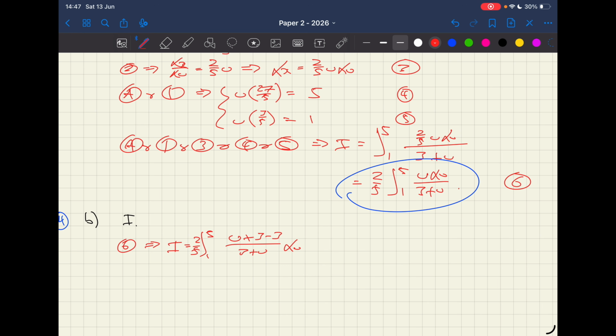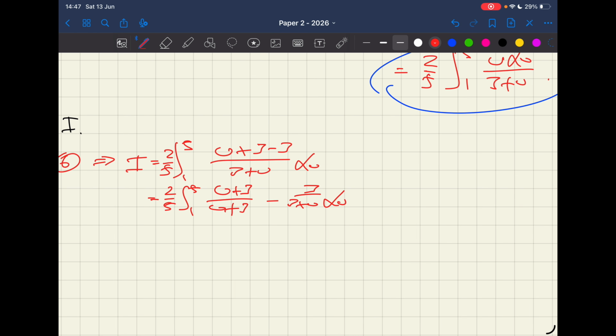Over 3 plus u du, and then we're able to effectively take the u plus 3 over the 3 plus u, and then take away 3 over the 3 plus u. So that first term is just 1, yeah? 2/5 of the integral of 1 minus, here, how I'm going to write it is 3 times 1 over u plus 3.